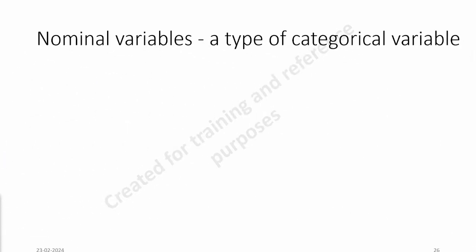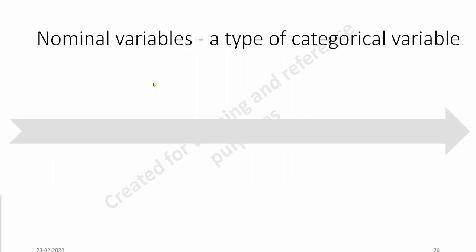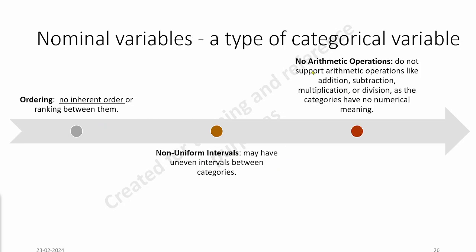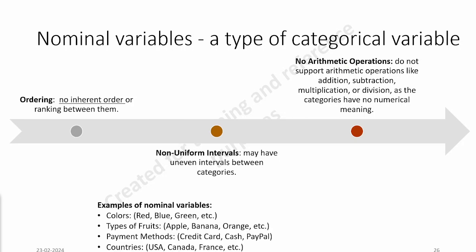The nominal variable, which is again a type of discrete variable, or you can say a categorical variable, but this time you will not have any inherent order within the categories. So no non-uniform intervals now. And absolutely no arithmetic operations really make much sense here.